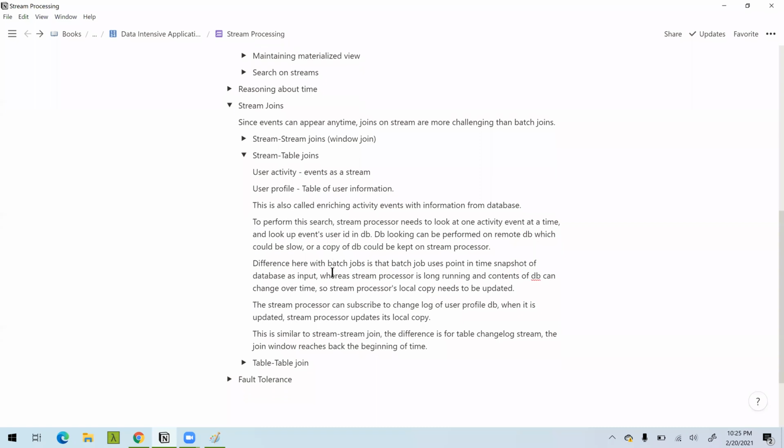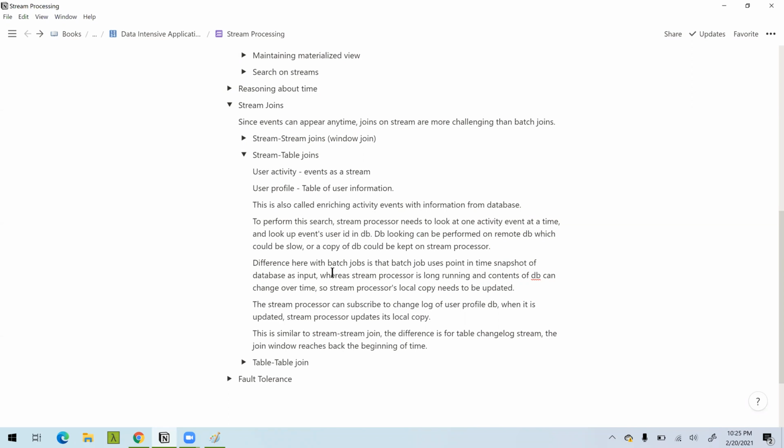You can do that by having your stream processor also look for the updates to the user table. So it has also subscribed to the stream of events which represent the changes to the user table. And whenever those events occur, it will update the user profile database, right?